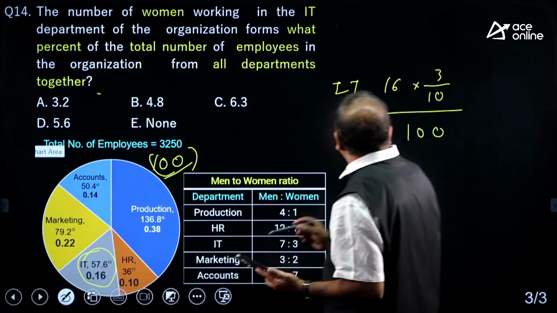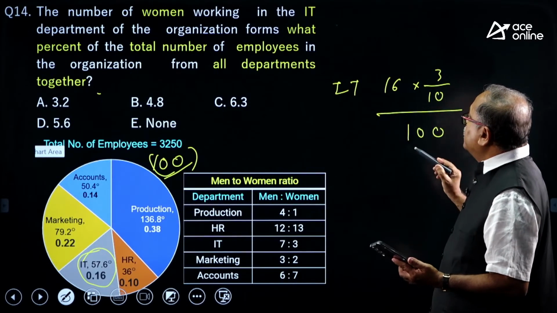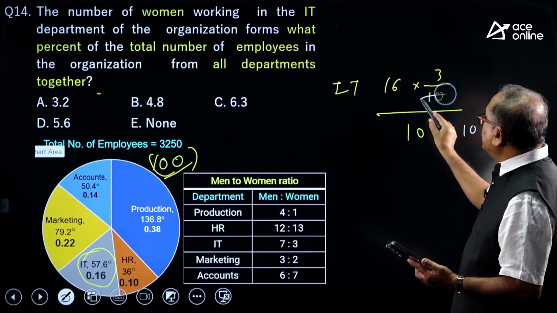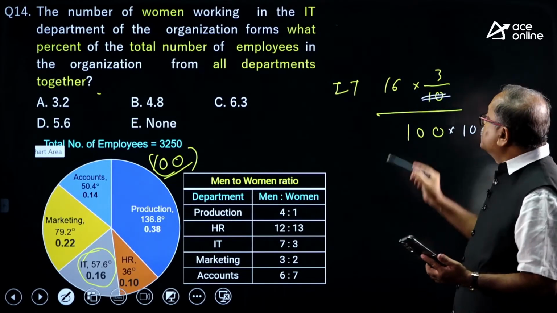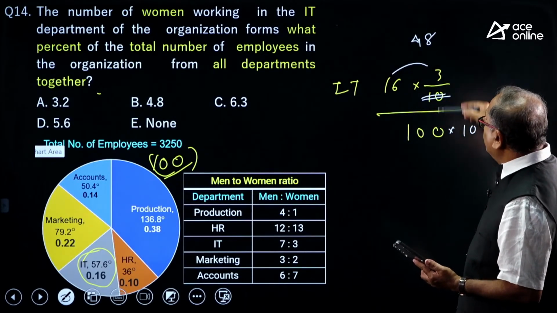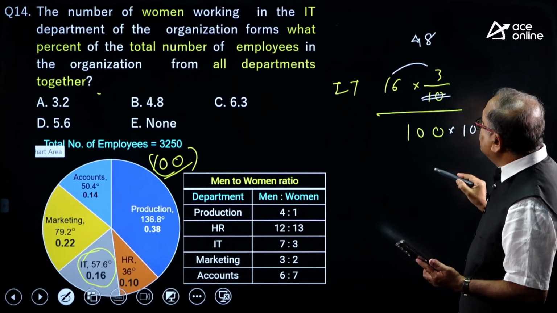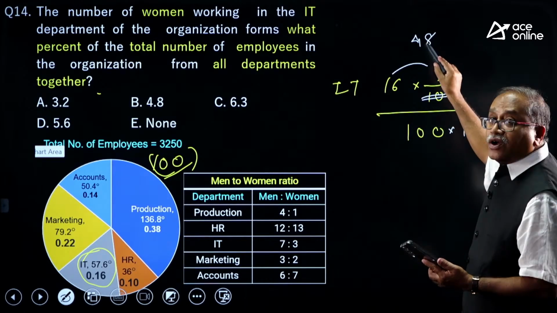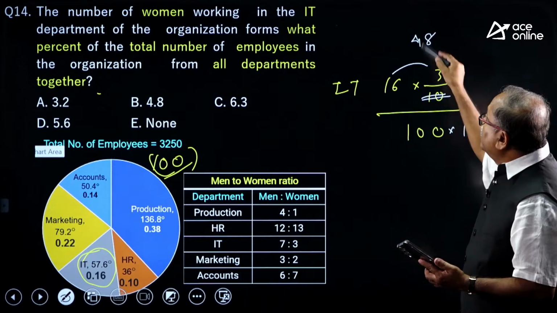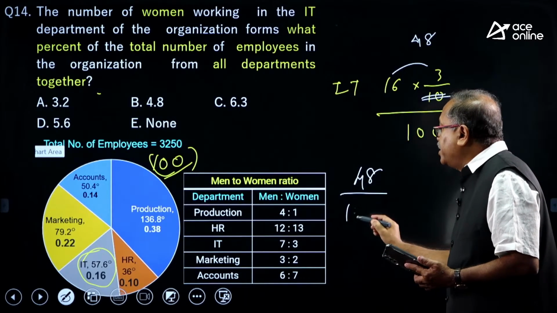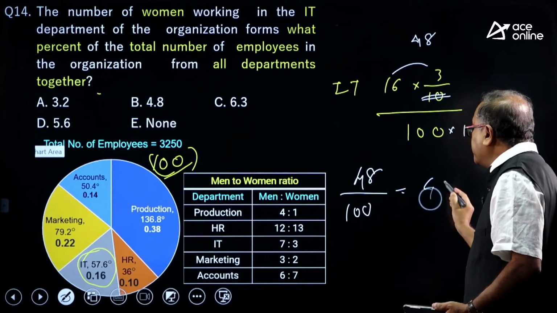Why is it so? Because look at all my friends here. This 10 comes over here, eliminate this 10. So, 16 into 3 is 48. So, 48 by 1000. If this were 48 by 100, it would have been 48%. 48 over 100 is 48%.